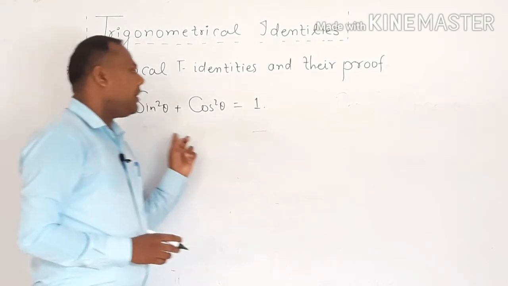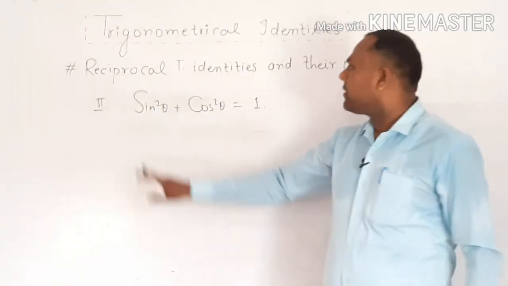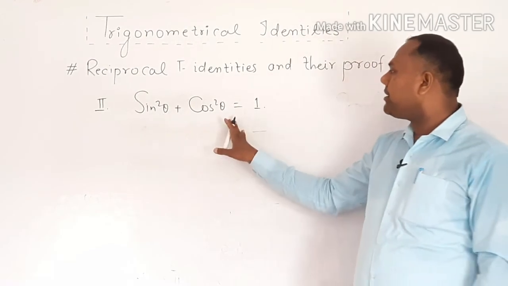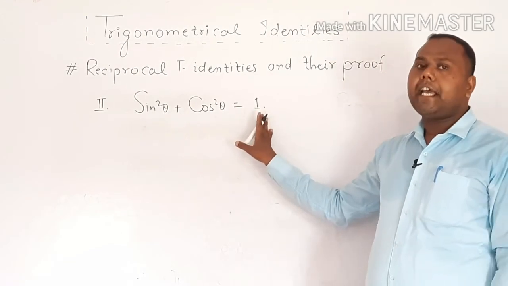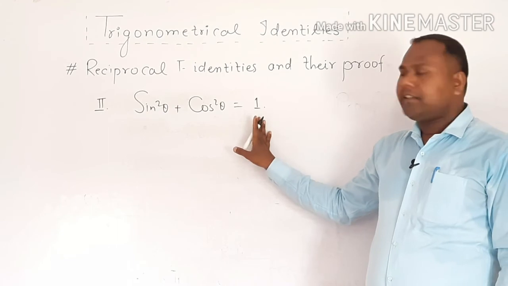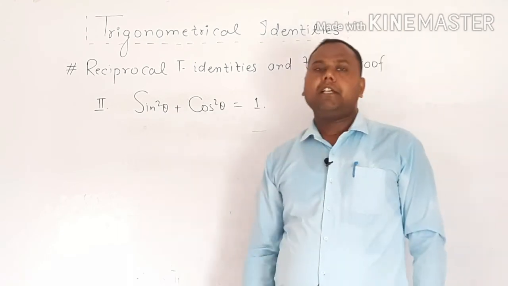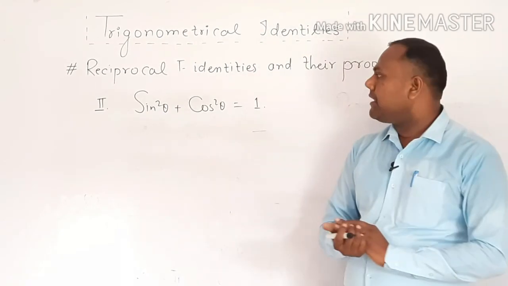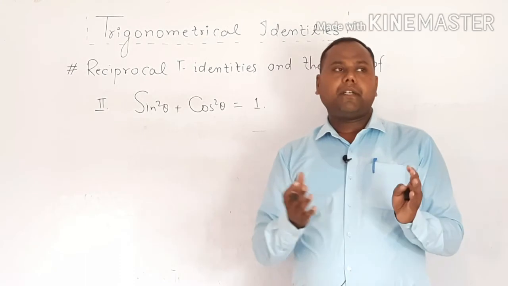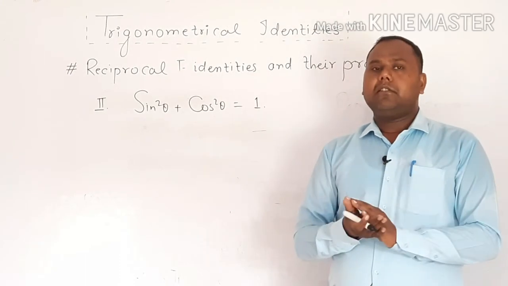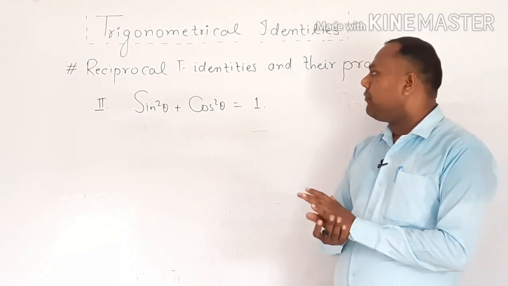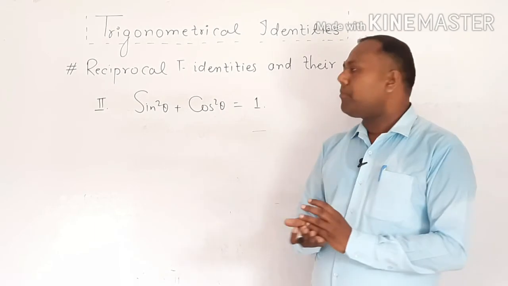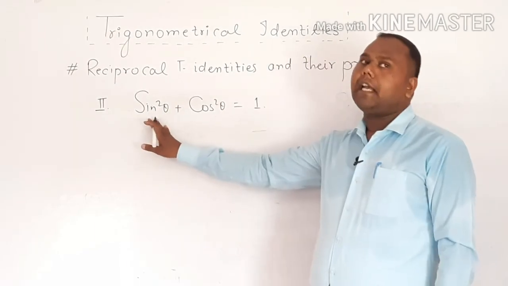Firstly, we consider sin square of theta plus cos square theta will be equal to 1. We have 3 methods to prove it, but in this chapter we will study it in the form of p, b and h in the triangular form. That's why we can prove it in the p, b and h form.